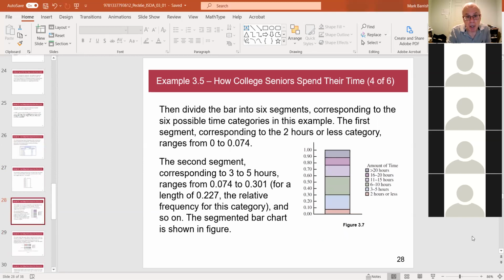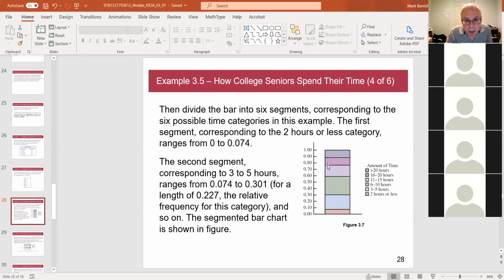So another way of expressing this would be to create something that looks like this. This is called a segmented bar chart. And some people like it to be displayed this way. And why would you do this? Well, maybe if you have so many categories, like 6 of them, it would be easier to have them all displayed in one bar. And the height of the segment is the actual relative frequency.